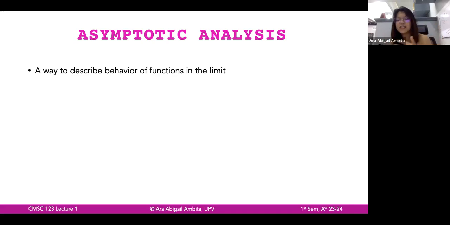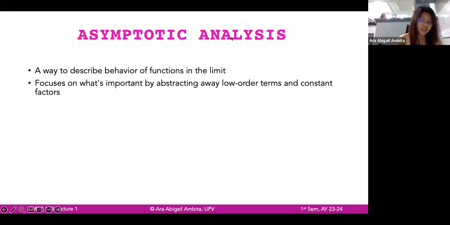As the input size grows bigger and bigger, how does the algorithm behave? That is asymptotic analysis. Essentially, we focus on what's important by abstracting away lower order terms as well as the constant factor. Does this ring a bell to you? This is just the big O notation from last time. But there are also other notations that we can make use of, which I will discuss later.